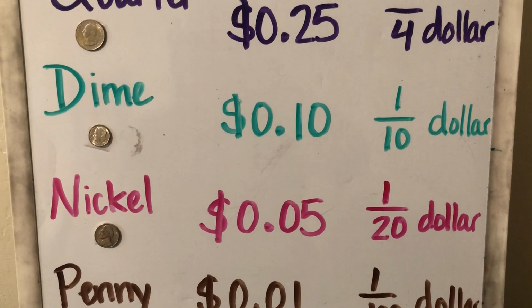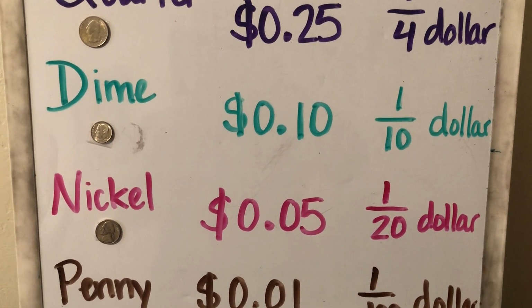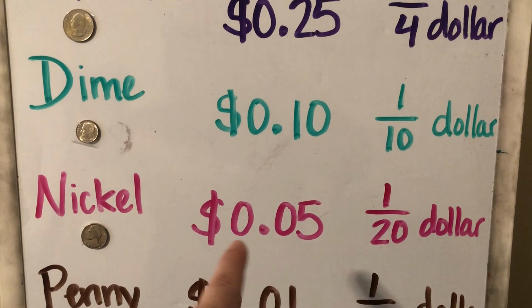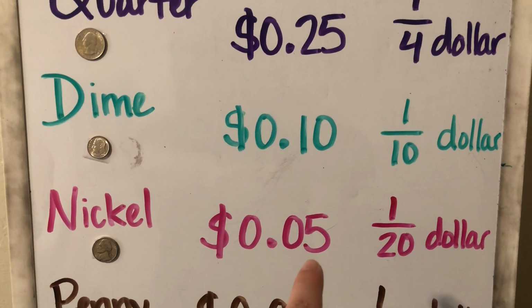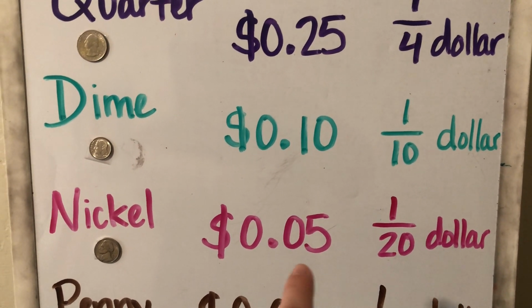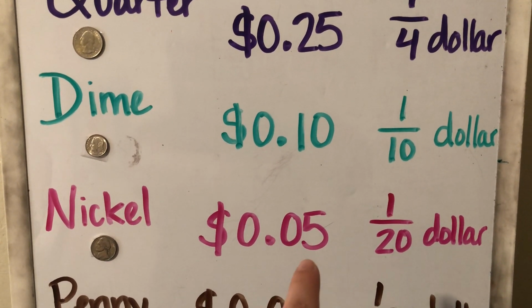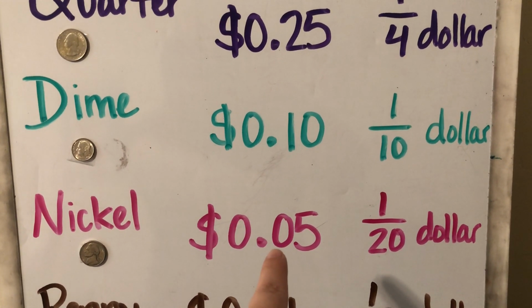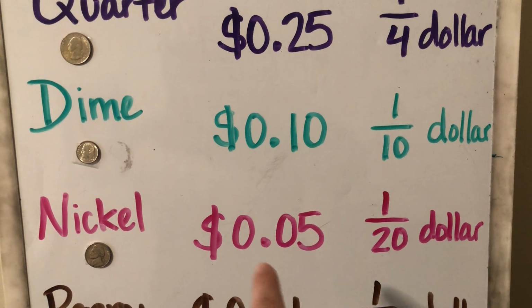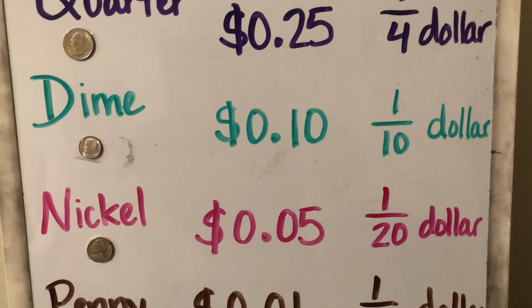If we go down to our nickel, it is worth 5 cents. We write that with a 0 for $0. And notice how we do the 0.5. We can't write 50 because that would be 50 cents. So we have to put our place value 0 here, 0.5 for 5 cents. All right?